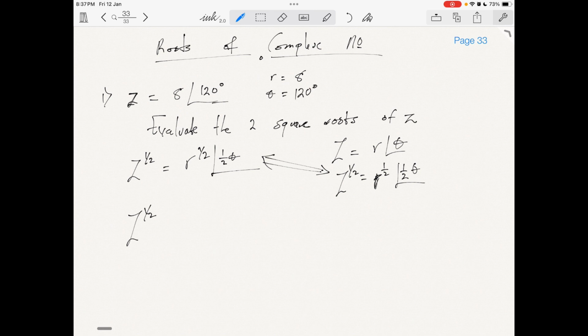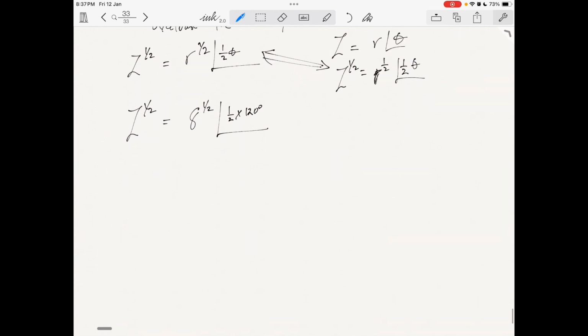So z raised to power 1 over 2 will give us 8 raised to power 1 over 2 argument 1 over 2 times 120 degrees. Now in essence, the square root of 8 is 2 root 2. That will give us 2.828 argument 60 degrees.